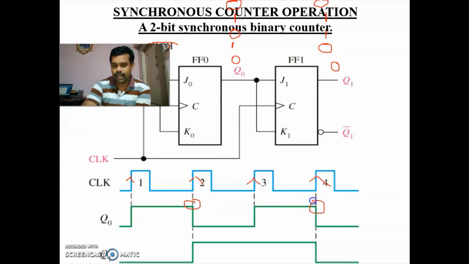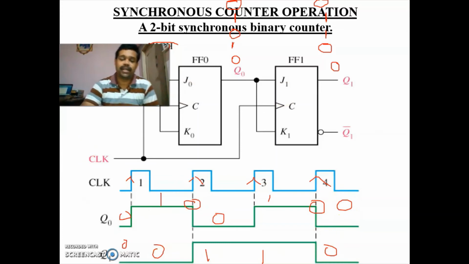Whenever you are having 1, your flip flop 1 will change the state. So we'll be getting 00, 01, then 10, then 11, then again 00. It is a 2-bit synchronous binary counter.